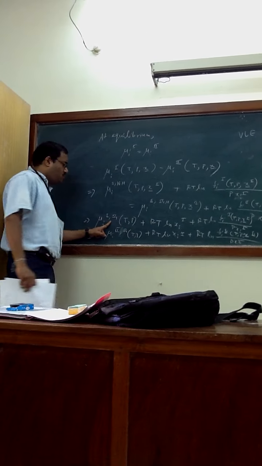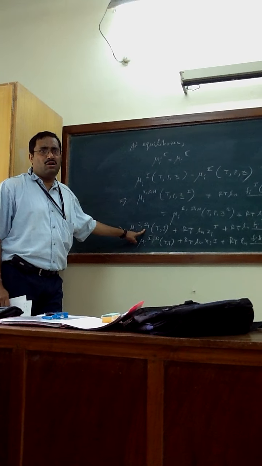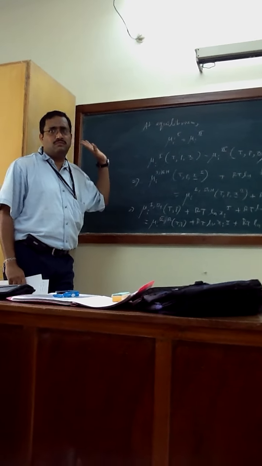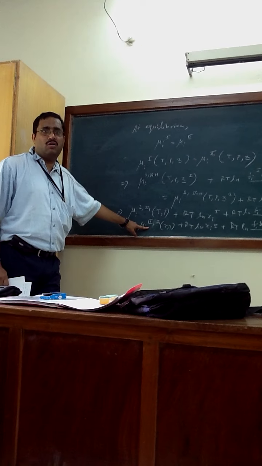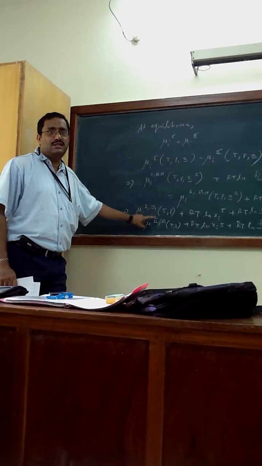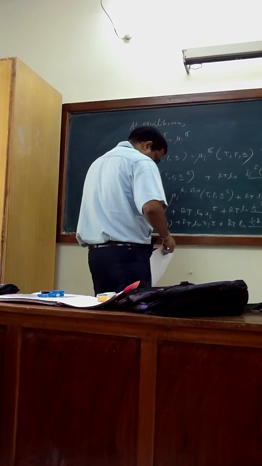What is mu i1 Ig? That's called pure component, ideal gas, at P tending to 0, ith component, only change in phase. Only change in phase, doesn't matter.